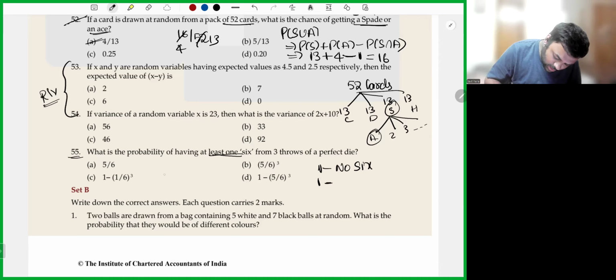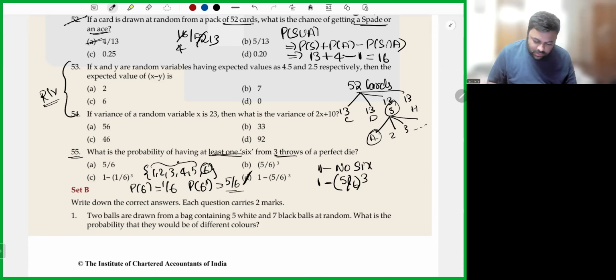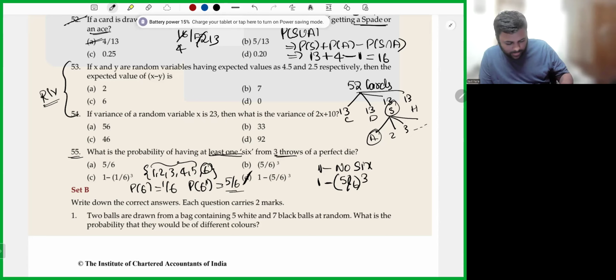You're throwing 1 die. 1, 2, 3, 4, 5, 6. Probability of getting 6 is 1 by 6. Probability of not getting 6, in 5 cases you don't have 6, 5 by 6. So 1 minus 5 by 6. It is telling you're doing 3 times, so whole cube. So 1 minus 5 by 6 whole cube.